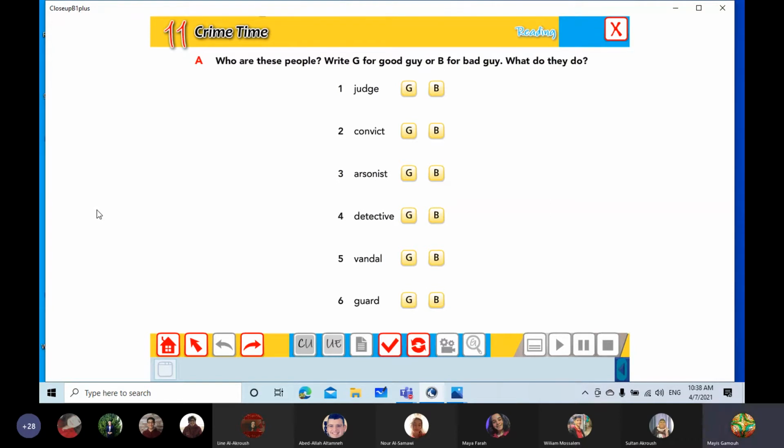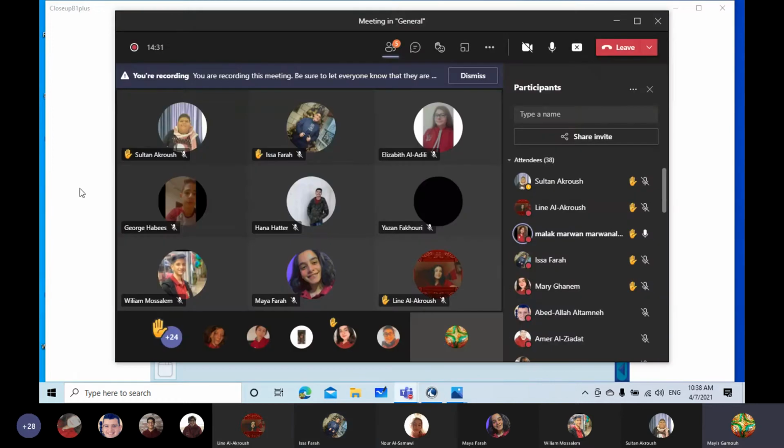Convict, the one who is sentenced, meaning the accused. Malak, there is something wrong with your mic. Thank you, Isa. The convict is the person who is sentenced because he committed something wrong.